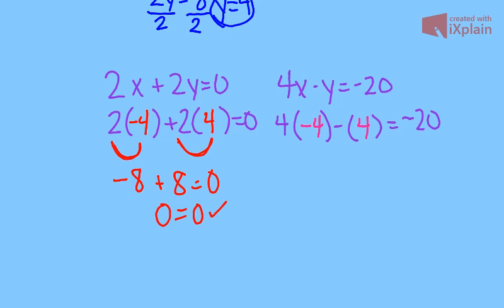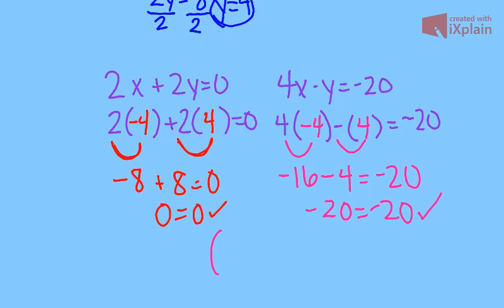So we're going to take these two, multiply them together. We have -16 minus 4 equals -20. This is true because -16 minus 4 gives you -20, which is what we have on the right-hand side too. So that checks out. So we now know that our solution is -4, 4. And it all works out.